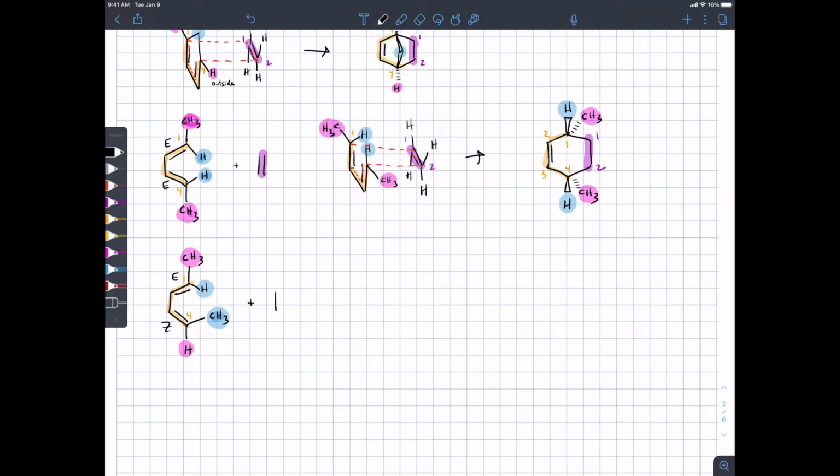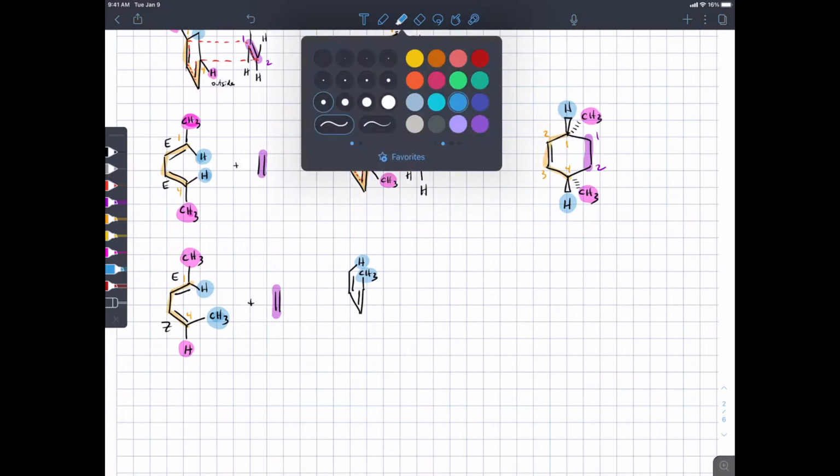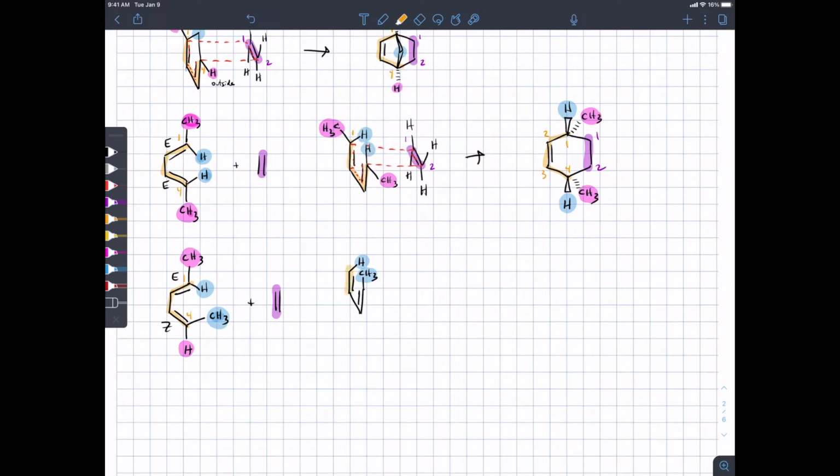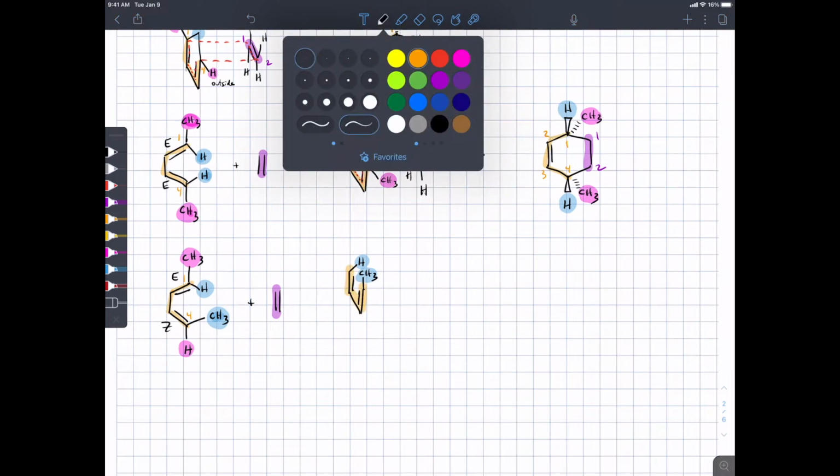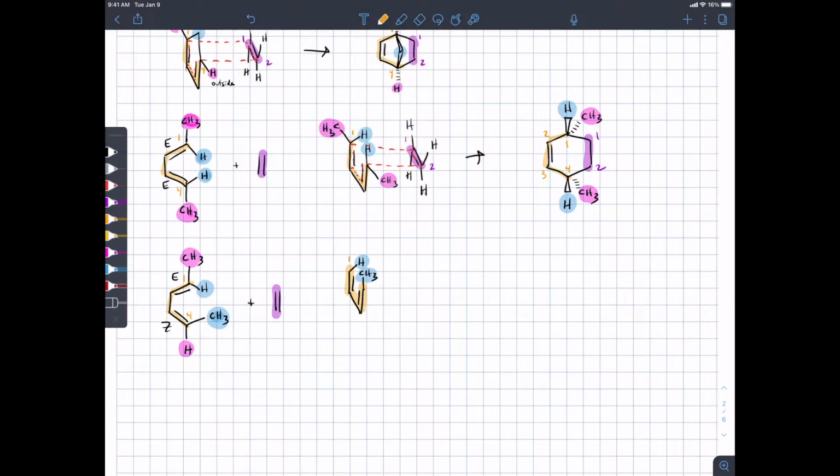All right, and let's use the same simple olefin that we've been using. Again, we'll draw the diene as though we're looking at it from the side. Notice that orange carbon 1 has the proton pointing inward, whereas orange carbon 4 instead has the methyl group pointing inward, 1 and 4.